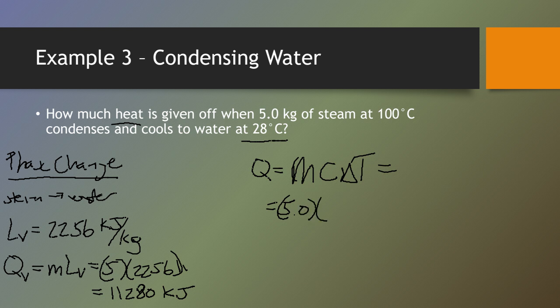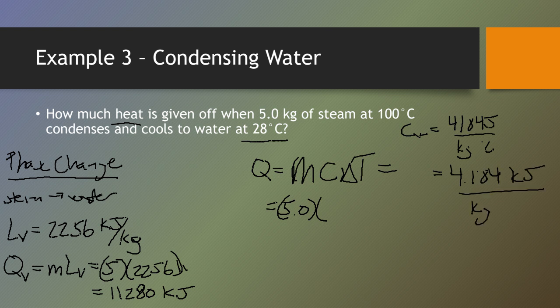The specific heat of water, we can use lots of different versions of this, okay, but it is 4,184 joules per kilogram per degree C. We can rewrite this just to make our values a little simpler as 4.184 kilojoules per kilogram degree C. Right, just so we're in the same units as our original value.